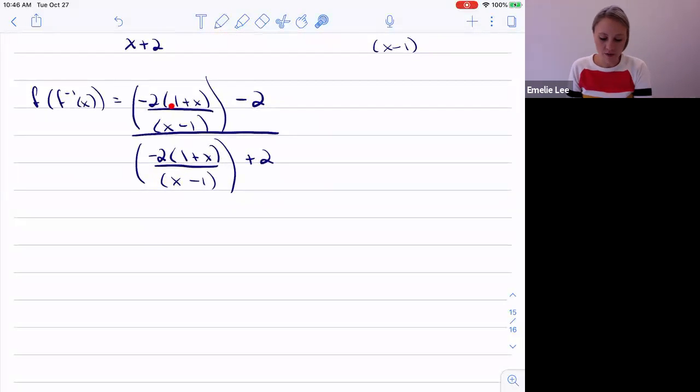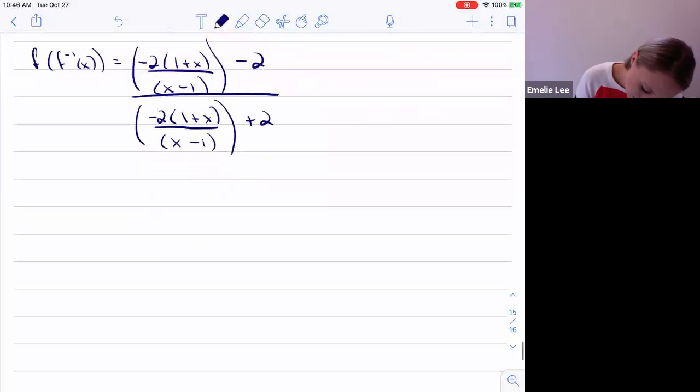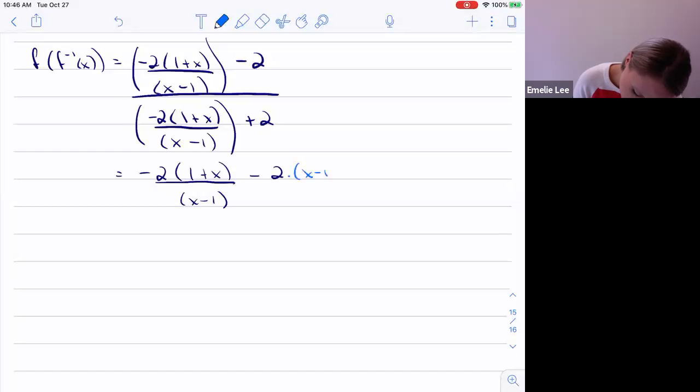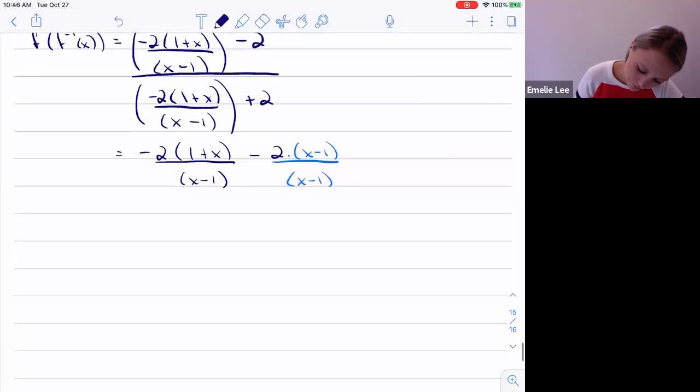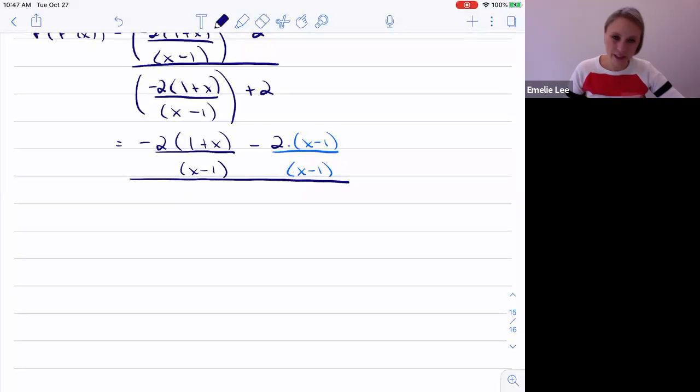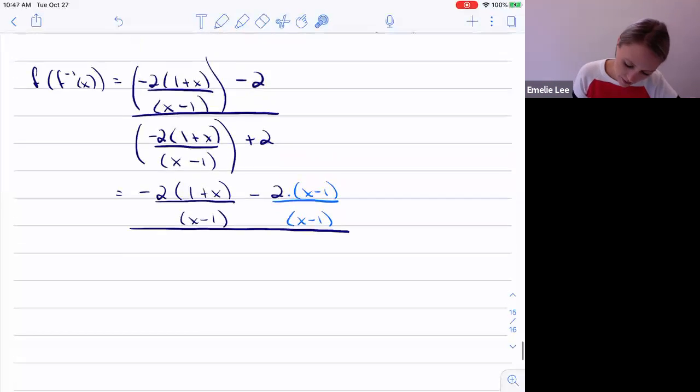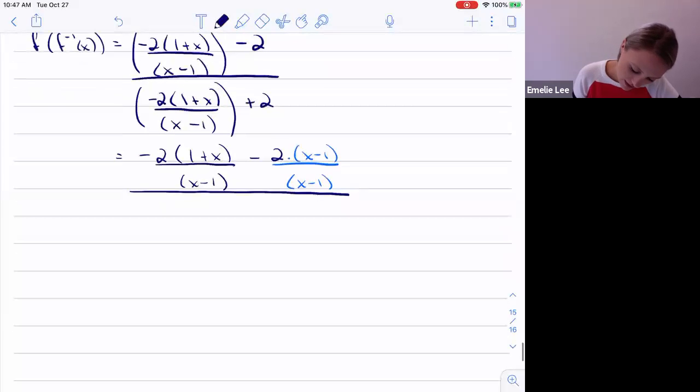So I've got a fraction minus essentially a fraction, so that means I have to have a common denominator, as well as down here I also have to find a common denominator. And so this becomes -2 times 1 plus x over x minus 1 minus 2 times x minus 1 over x minus 1. Dealing with the numerator and denominator side by side, finding these common denominators so that I'm able to simplify.